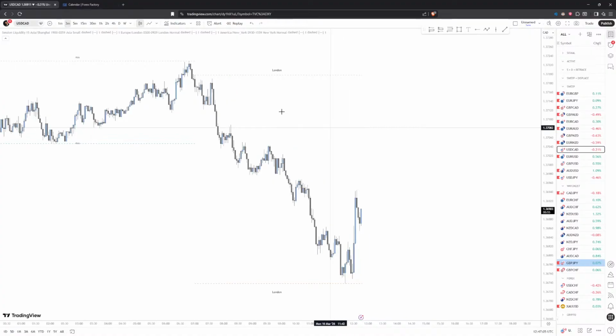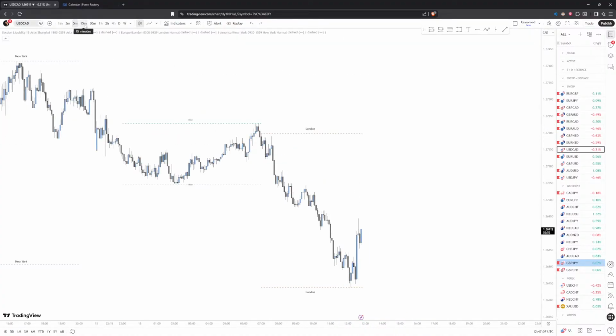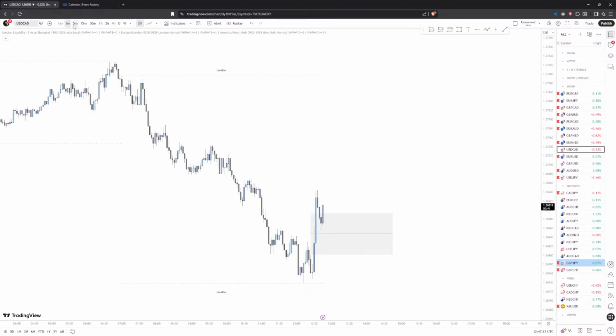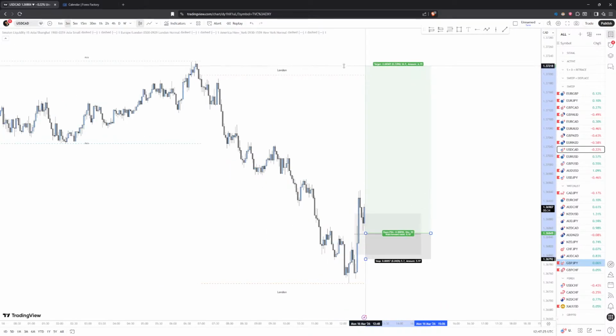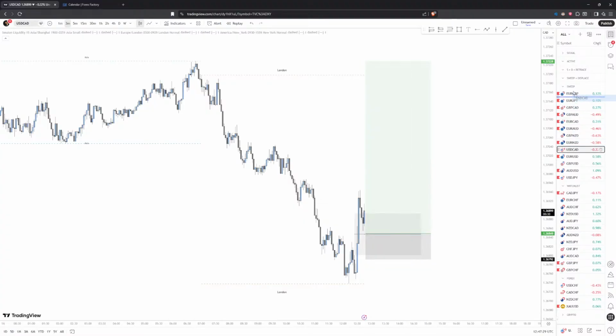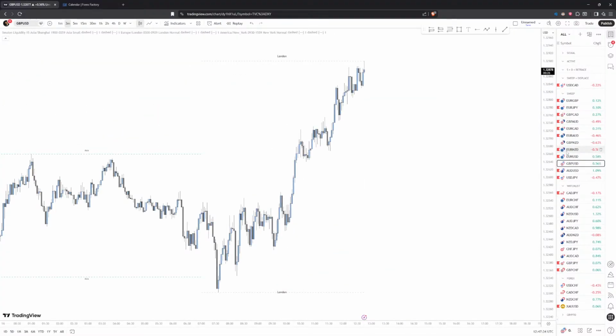This could be a nice buy, actually. I'd want a deeper retracement. Best looking trade we've seen so far, though.